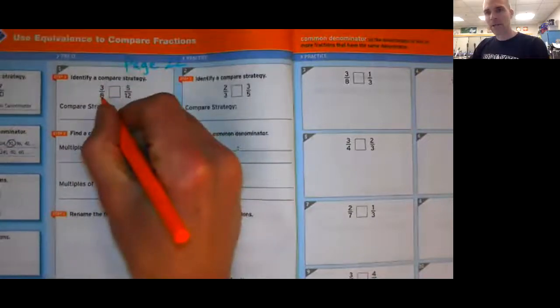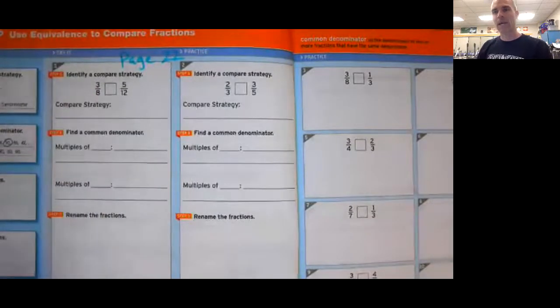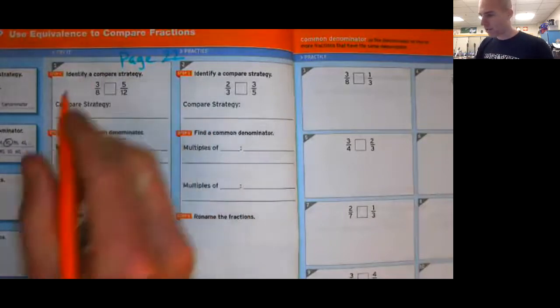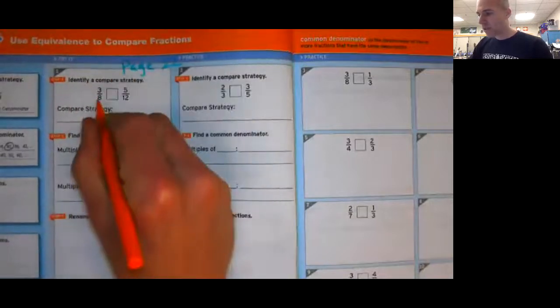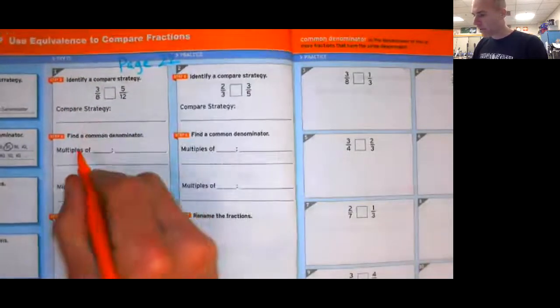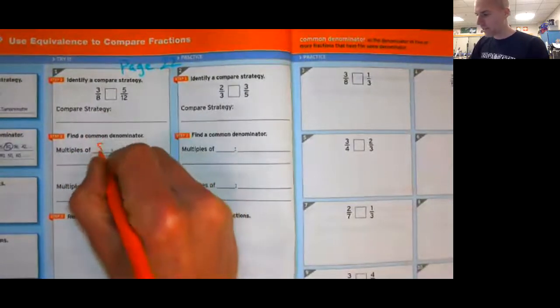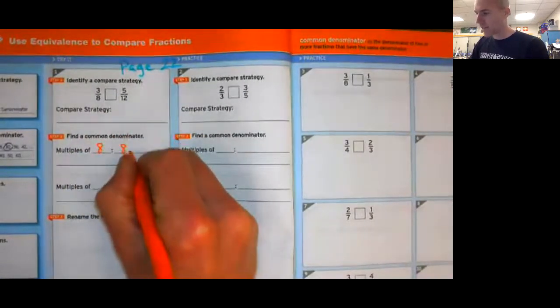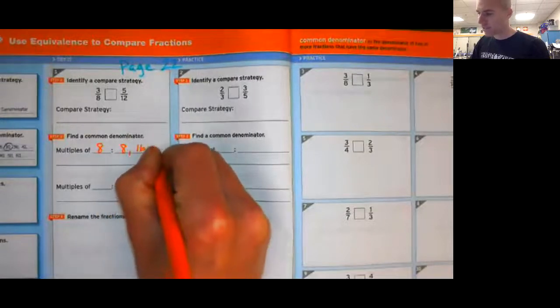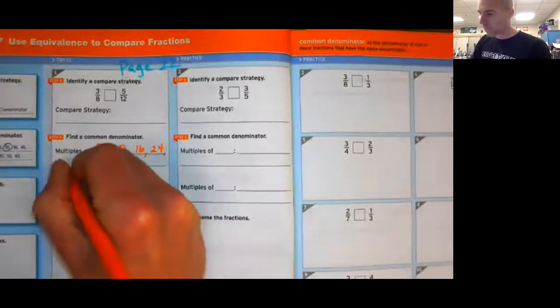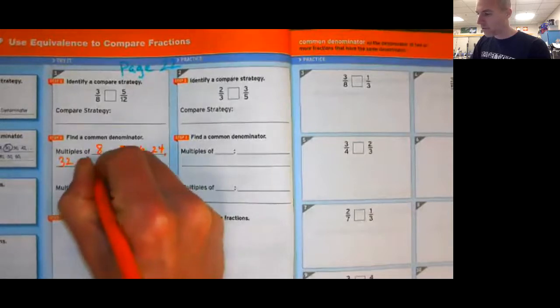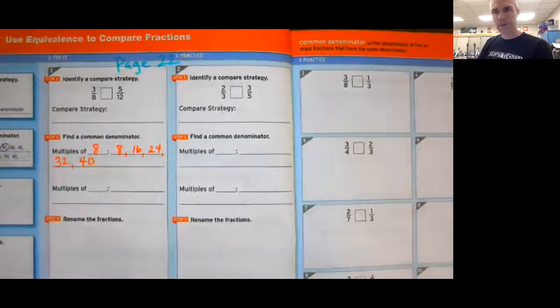A common denominator is a multiple of 8 and a multiple of 12, but the same number, a number that is a common multiple of 8 and 12. Remember, we've practiced this a lot. And so you can list out your 8s. Here they encourage you to list your multiples of 8, and that would be 8, 16, 24, 32, 40. We could keep going, but I'm going to stop there.